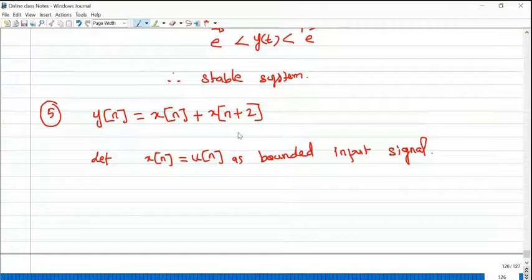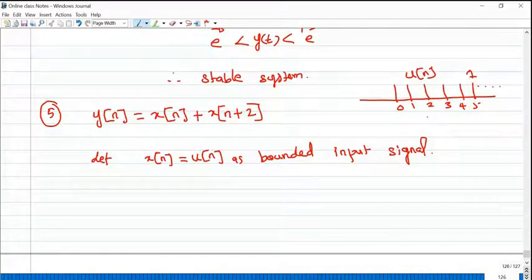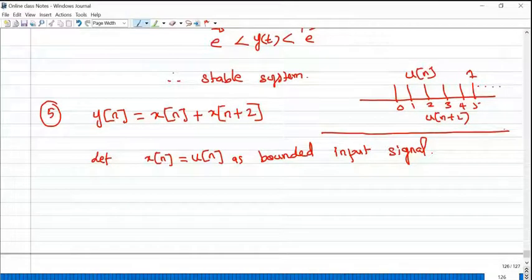In this case, what is u of n magnitude? 0, 1, 2, 3, 4, 5, and so on. The magnitude of the signal is 1. So u of n plus 2, starting from minus 2 onwards, 1, 2, and so on.